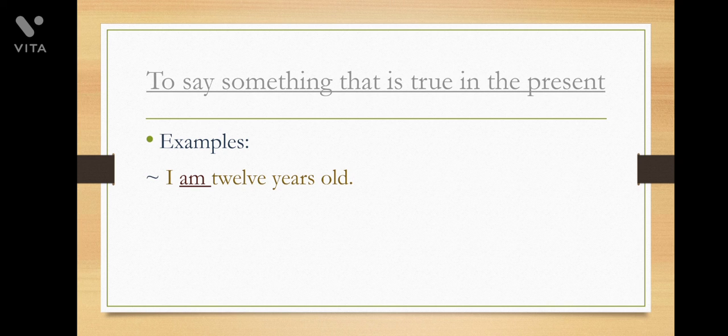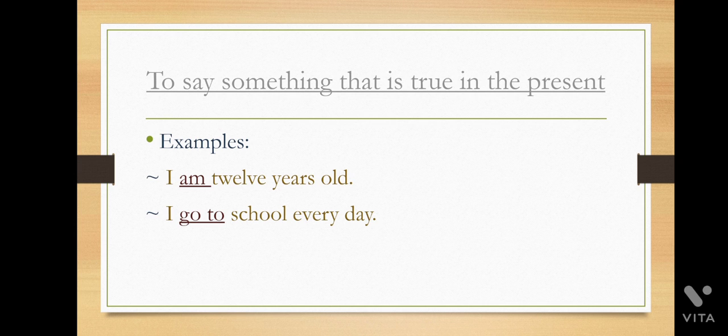I am studying in class 6th. These are facts, this is truth. I go to school every day. So here am, go, this shows that the sentence is something that is true in the present.